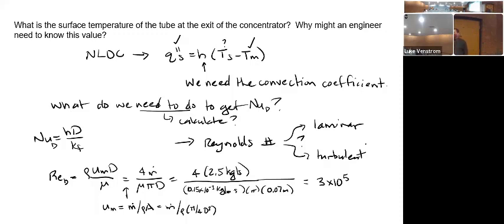So what does that mean for us? Are we laminar or are we turbulent here? Okay, you all say turbulent. This is good. So this is the most common mistake, I would say, that I see students make when they're first learning about convection heat transfer and internal versus external flow.